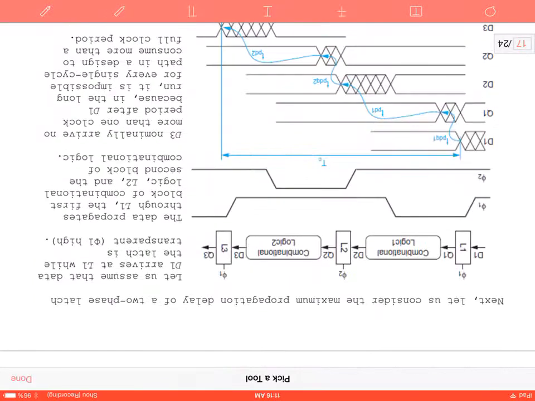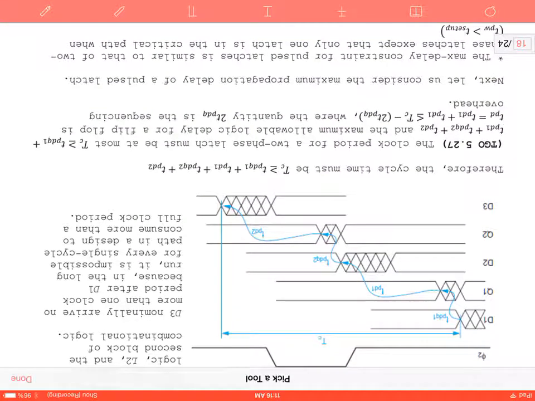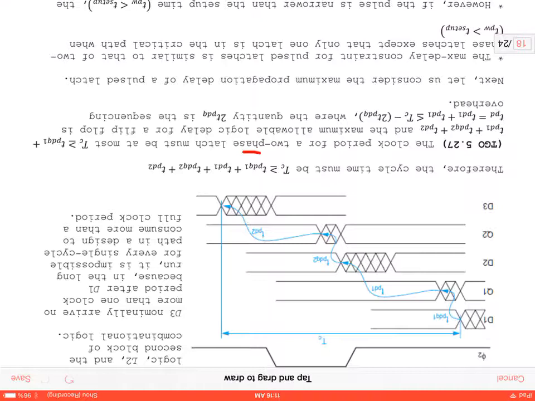Okay, so we kind of went into the two-phase latch. We calculated the equation of the two-phase latch. So we have our t_pdq1 of the first phase and the second phase, and then the propagation delay for each one. Then we solved that for the propagation delay, and we found our sequencing overhead.